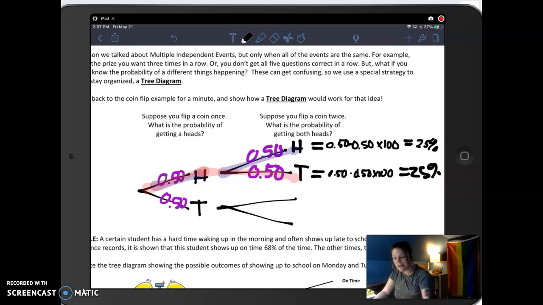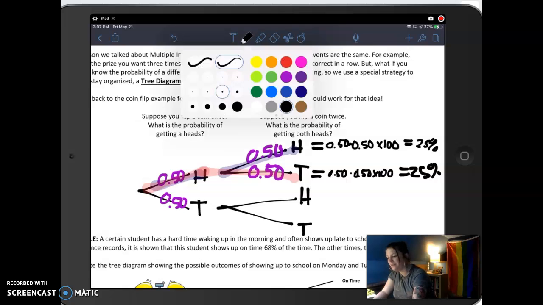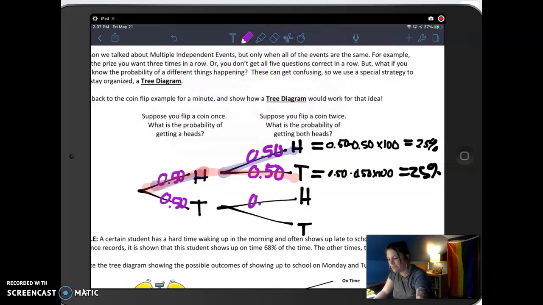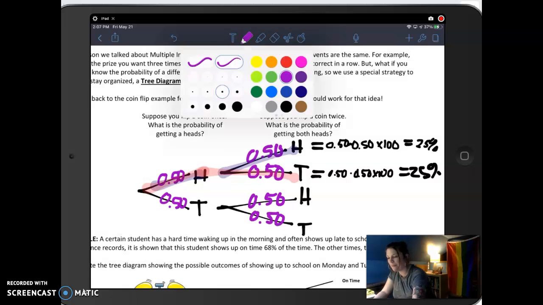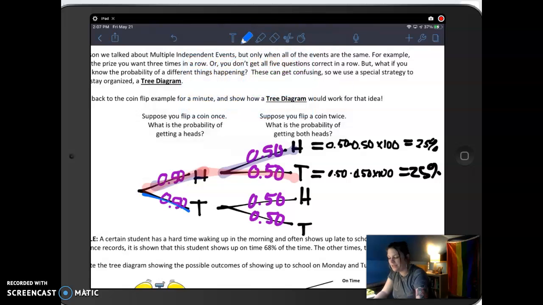Actually, this pattern continues because the only two things that could happen are heads and tails, 0.5 and 0.5. This path, if we wanted to highlight it, would be getting tails first and then heads second.